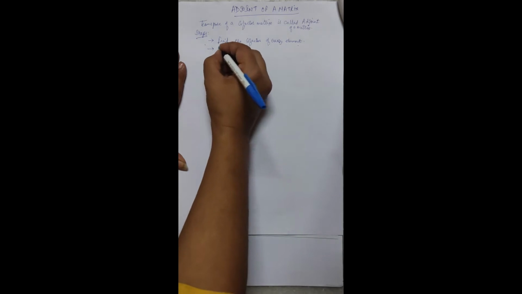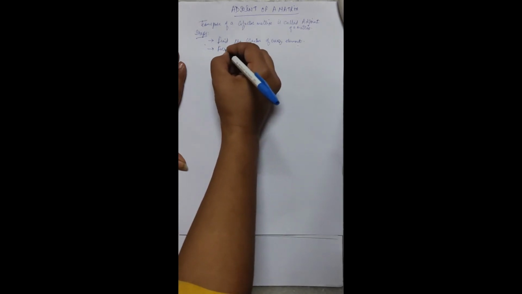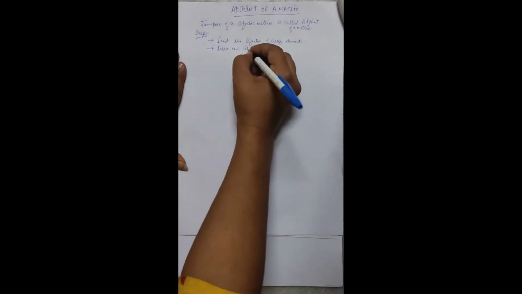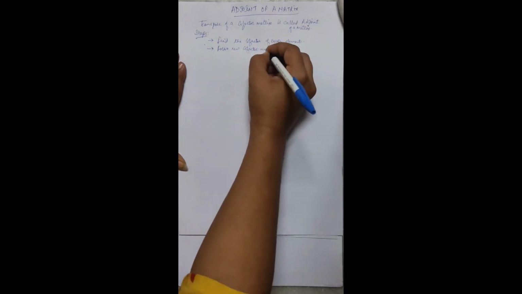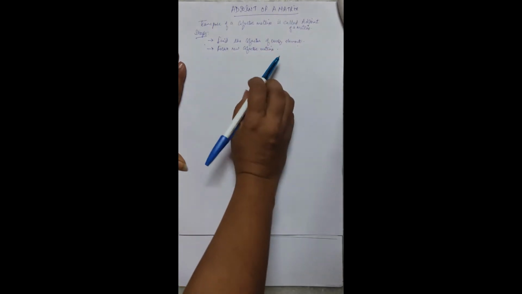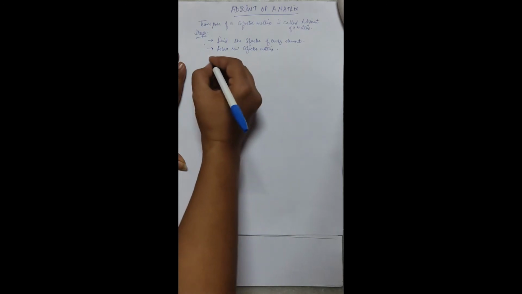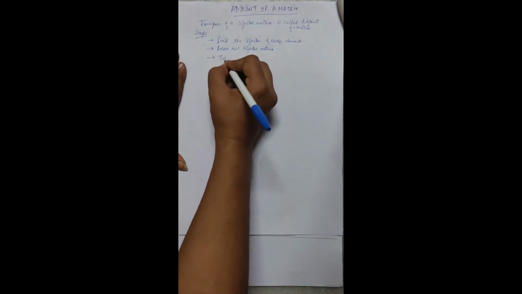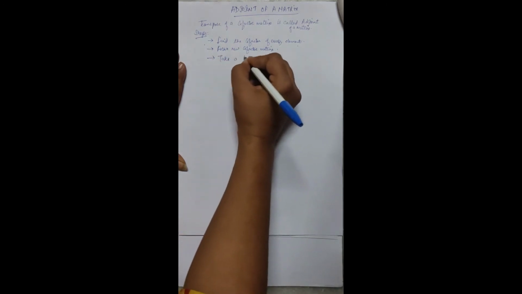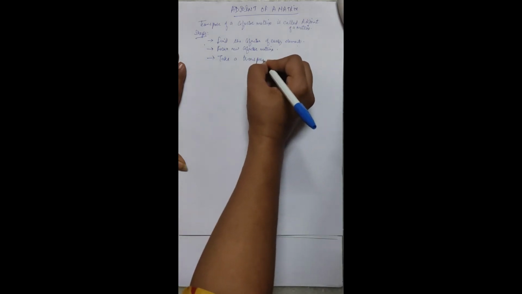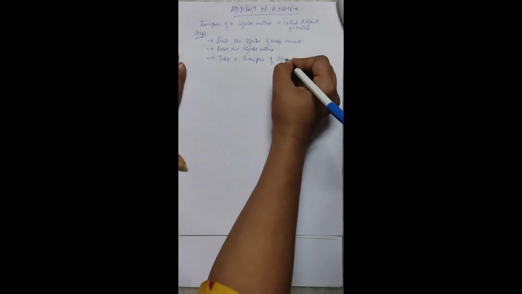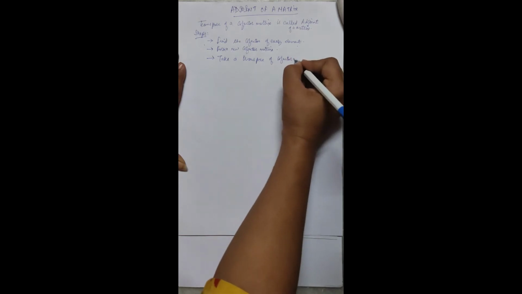Then the next point is form a new cofactor matrix. This is my second step. And my third step is to take the transpose of the cofactor matrix.